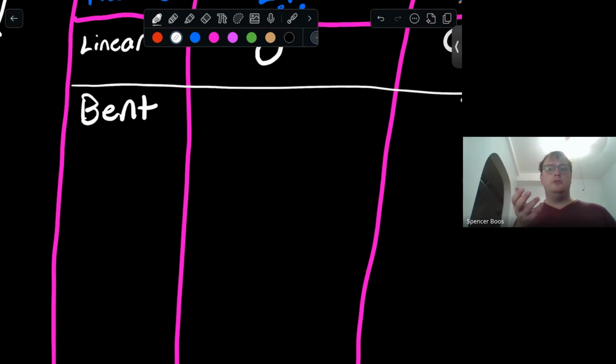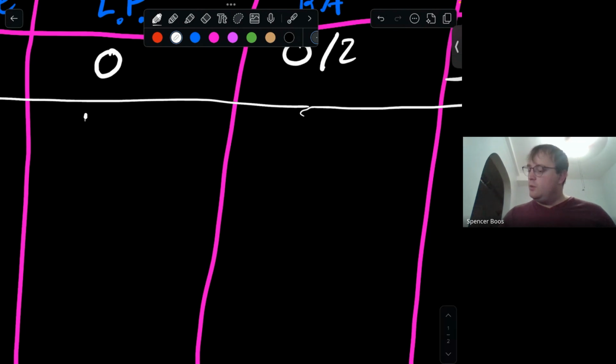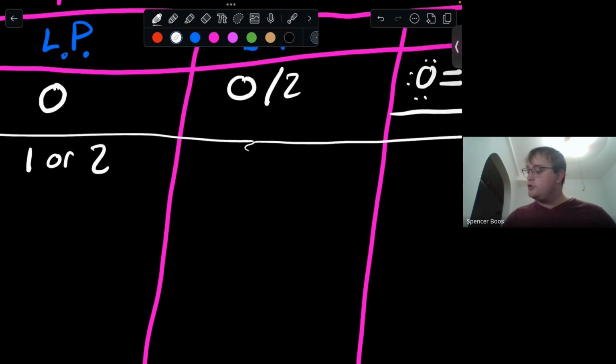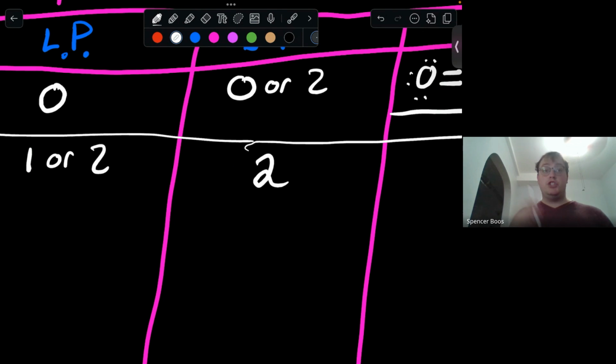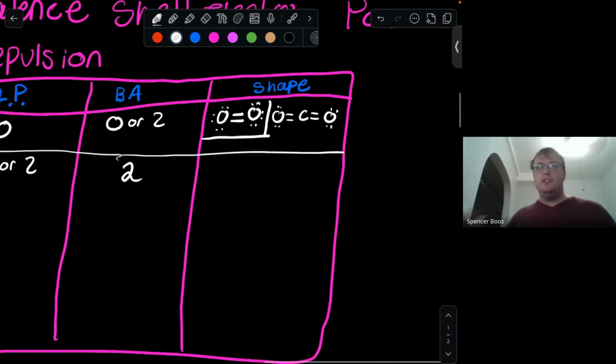What about 2? 1 or 2 lone pairs on that central atom. Now, for this, you do need 2 bonded atoms to that central atom. So if linear is just a line, take a second to think, what would bent be? If you said looks like a bent shape, you'd be correct.